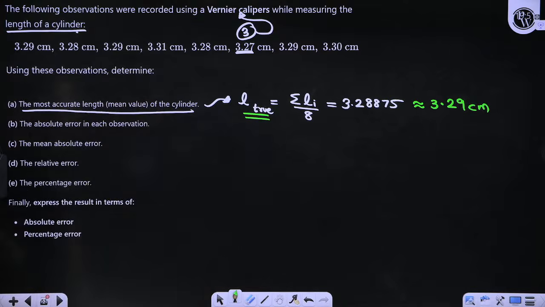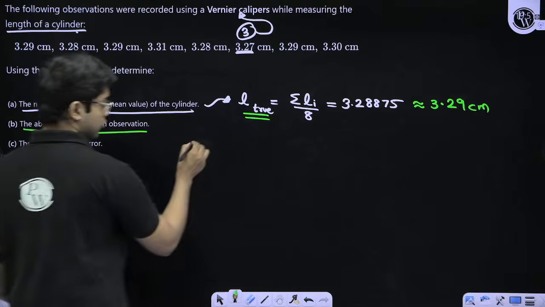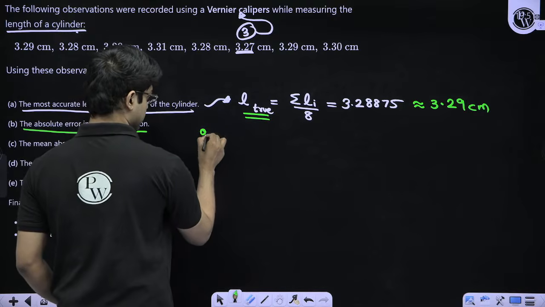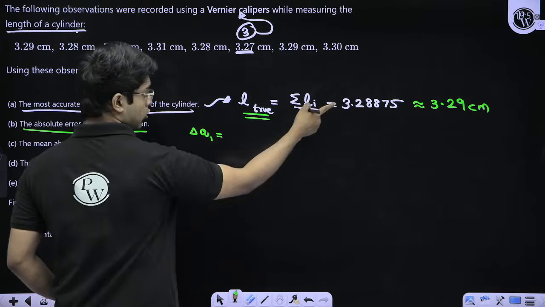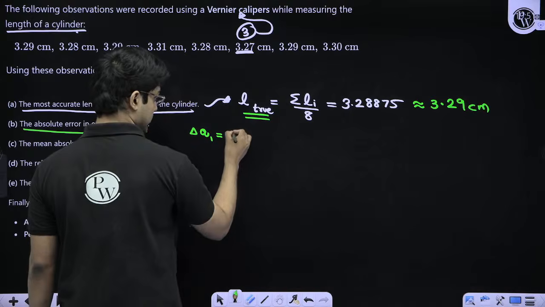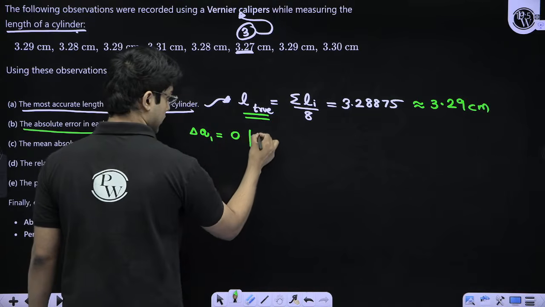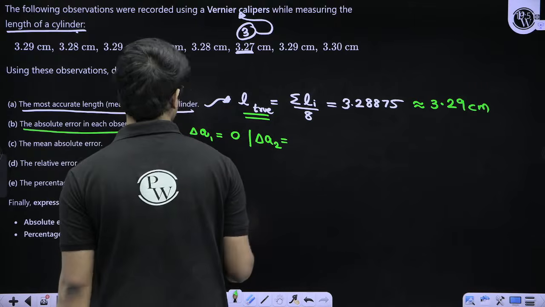Okay. Now, what is the absolute error in each observation? Okay. So in the first observation, the absolute error is, true value is 3.29. This is also 3.29, so answer is 0. In the second measurement, the absolute error is 0.01.